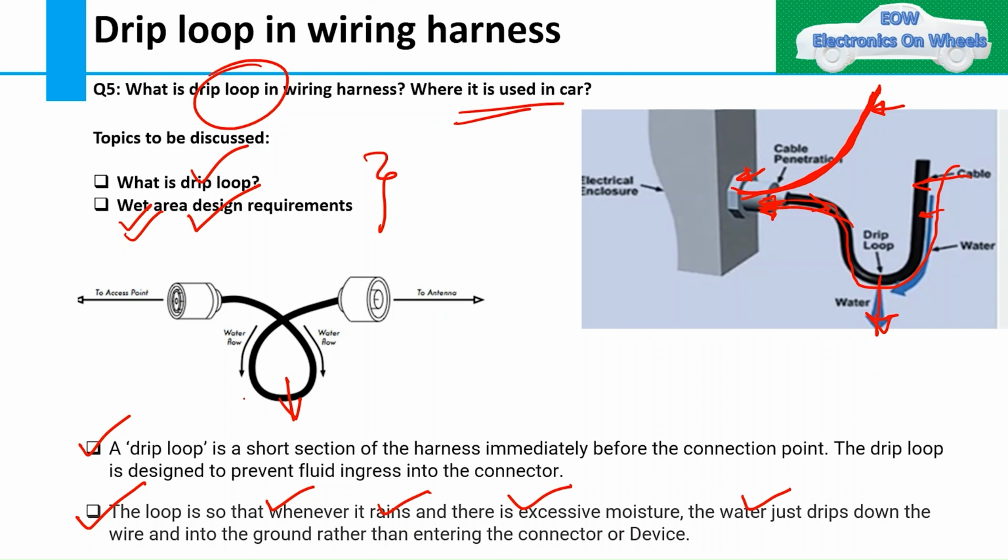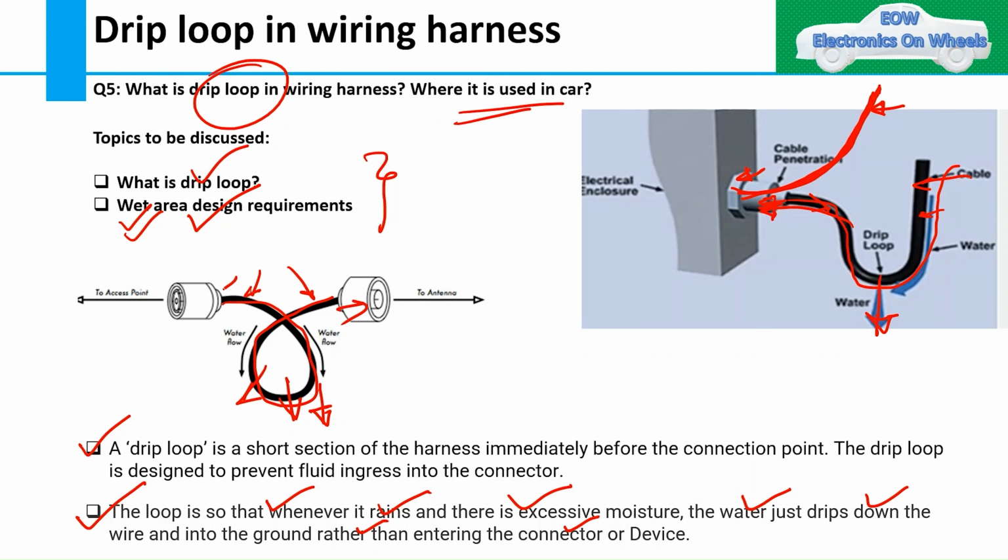You can see here also, if you give this type of drip loop, then if water is coming from here or here, it will always go down. We will see the conditions and how much length we can provide as a drip loop, but first you have to understand the purpose of this drip loop. So water just drips down the wire and into the ground rather than entering the connector and device.